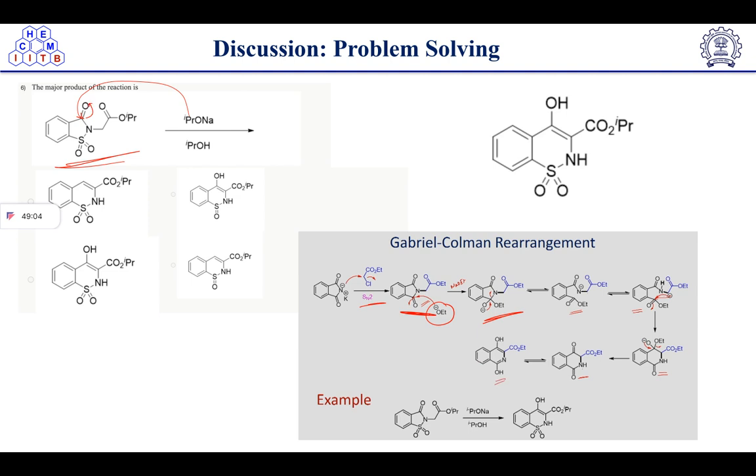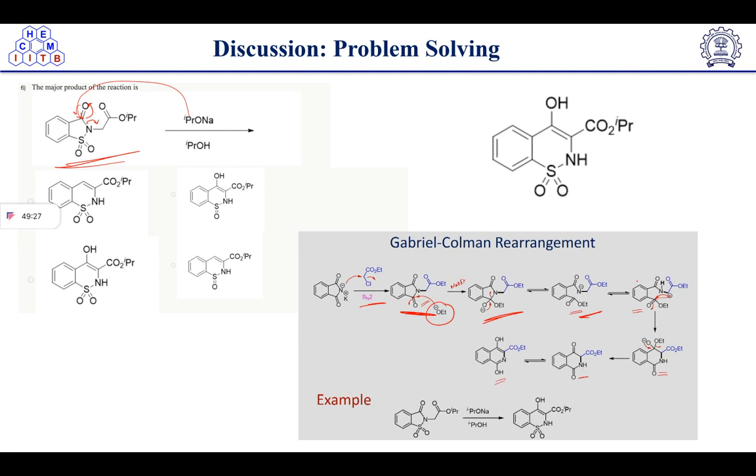Opening will take place, and again the back push of this electron will open the ring, right? And opening of the ring will result in this product formation, the intermediate ion, right?